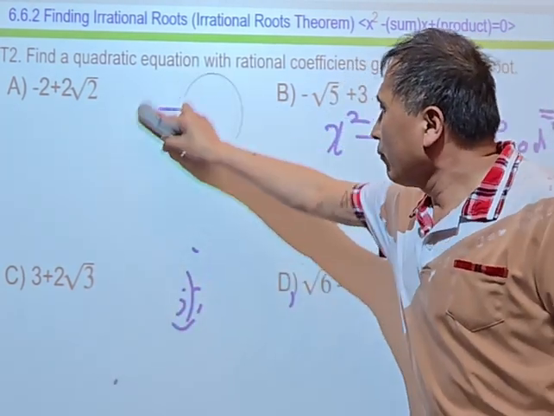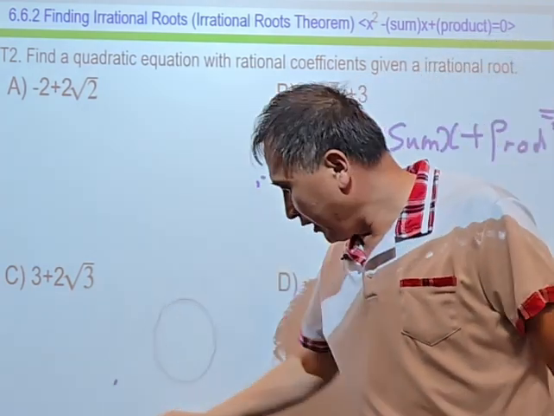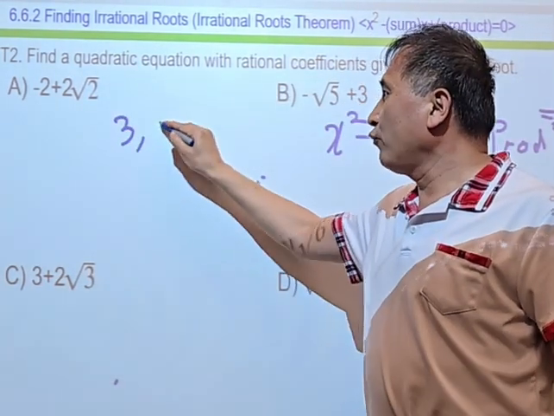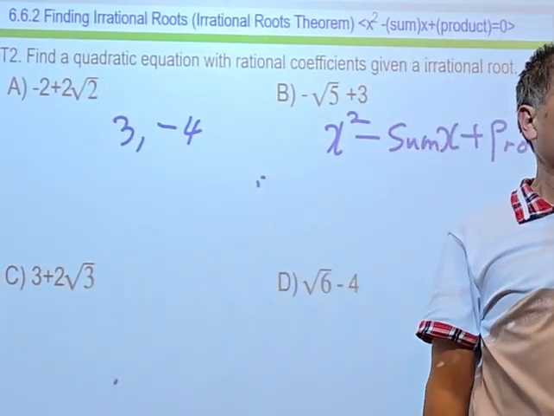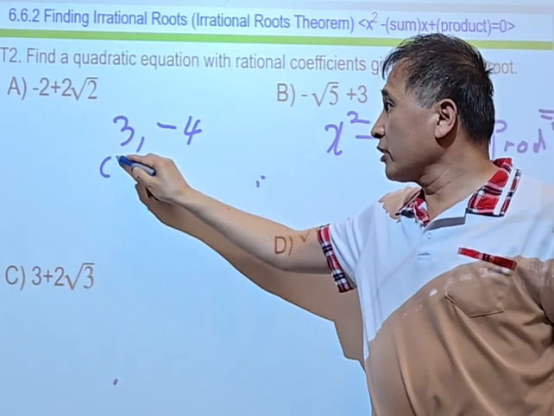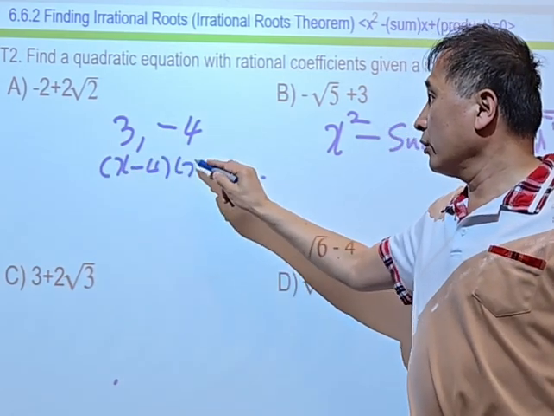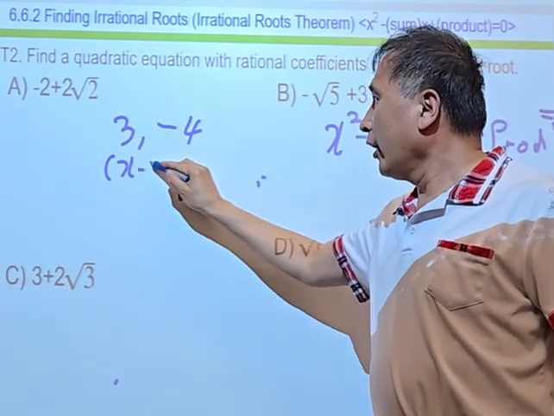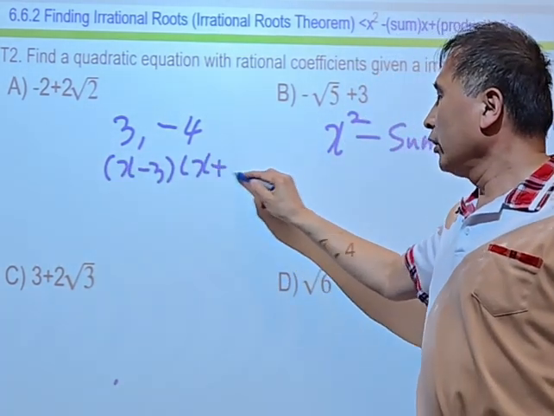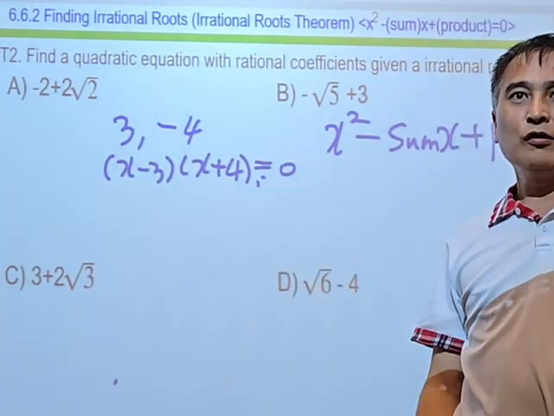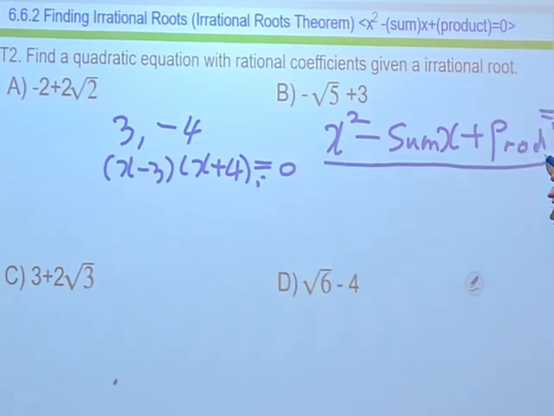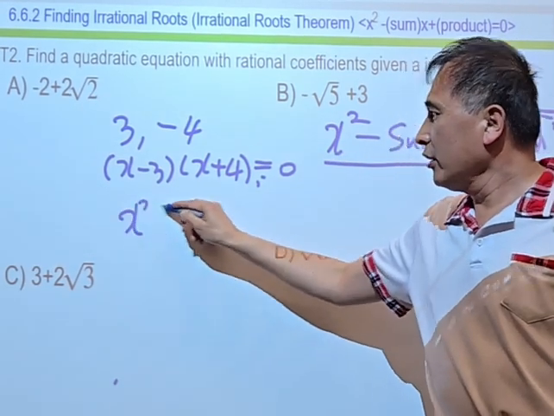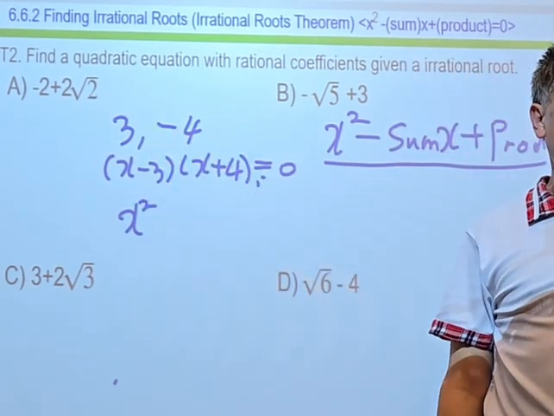So let's say 3 and negative 4 are the zeros. You can go x minus 3 and x plus 4, and then you can FOIL it. But now using this formula, x squared, the sum is what? Negative 1.